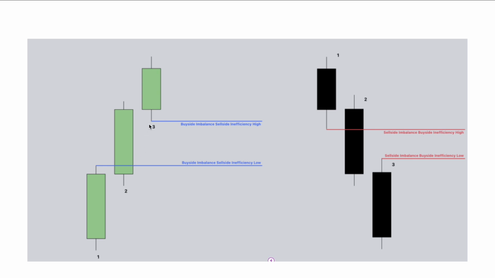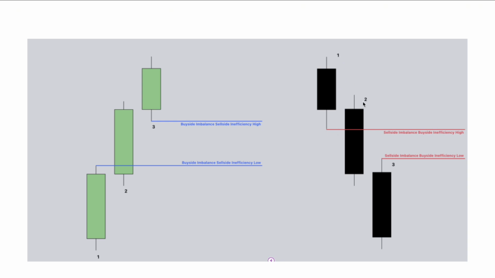Between these 2 price points, the price has been delivered in an imbalanced manner to the upside, which is buy-side imbalance, and it lacks sell-side delivery, which is sell-side inefficiency. This is the high of this buy-side imbalance, sell-side inefficiency, and this is the low of the buy-side imbalance, sell-side inefficiency.